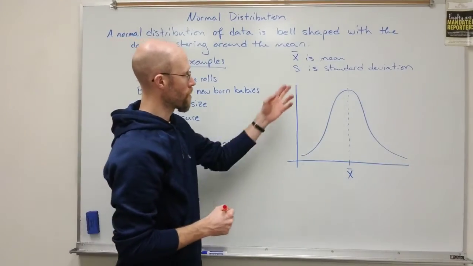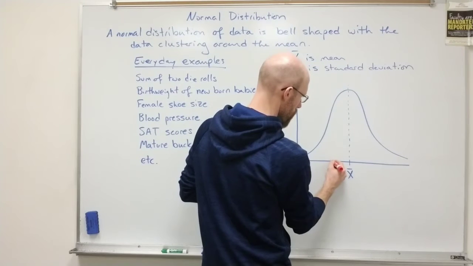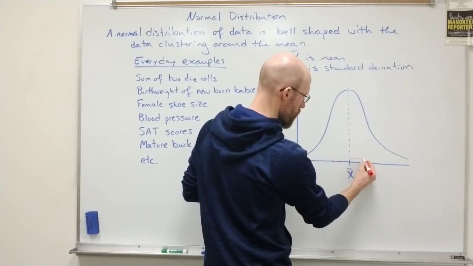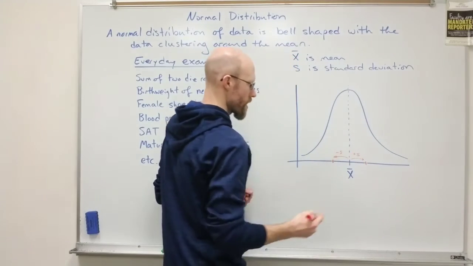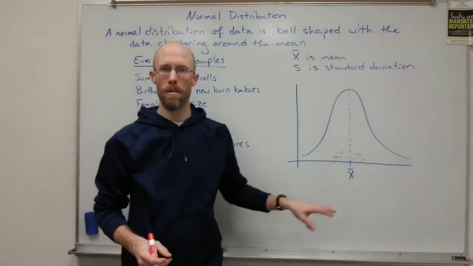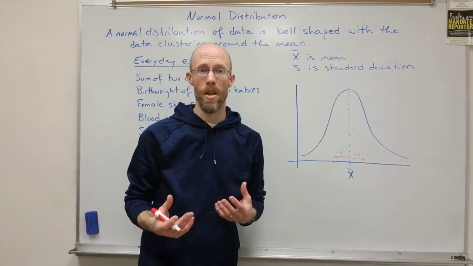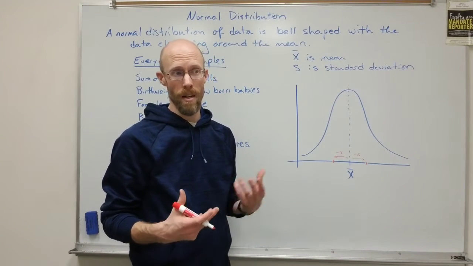Okay. Now, in theory, the standard deviation will give you, if you go one standard deviation on either side, so if you add S or subtract S from the mean, that will typically give you about 68% of all the data in a set, or in a sample.